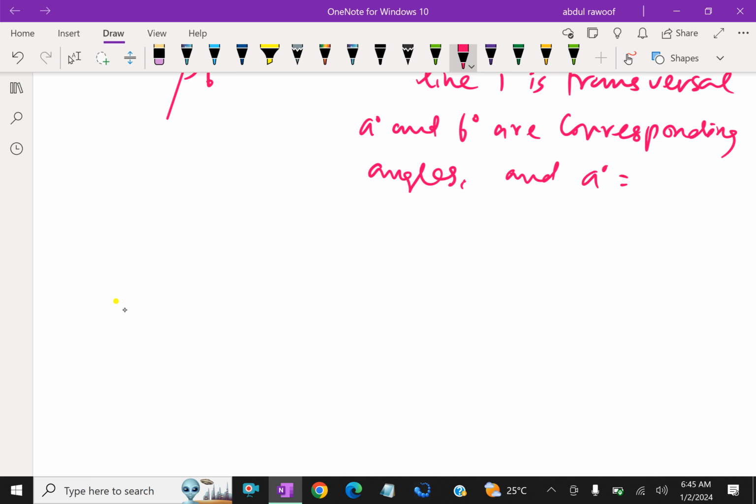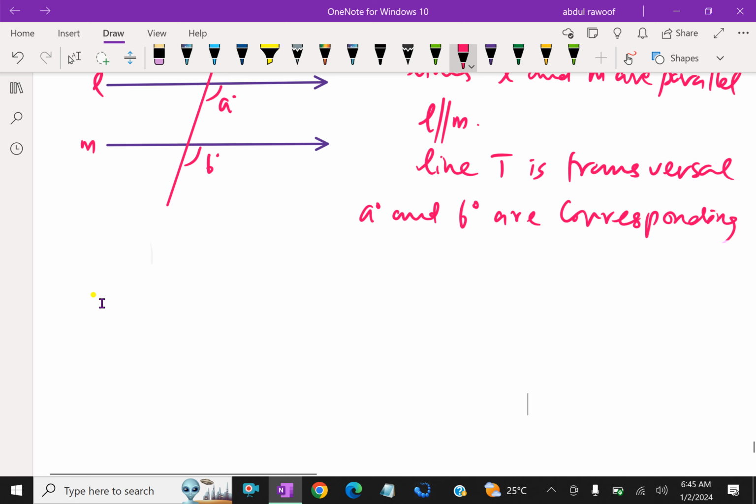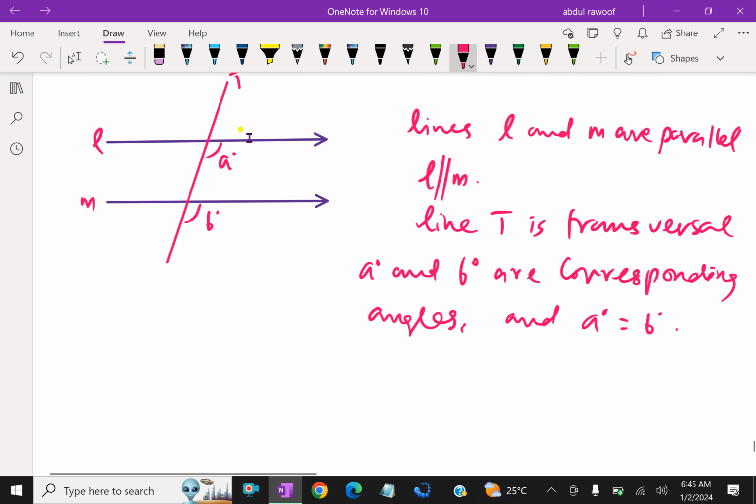Angle A equals angle B in size. That means these two lines L and M, if they are parallel, and one transversal crosses the two parallel lines, then we can say angles in corresponding positions, that is, here the angle is down, here the angle is down, are corresponding angles and those are equal.